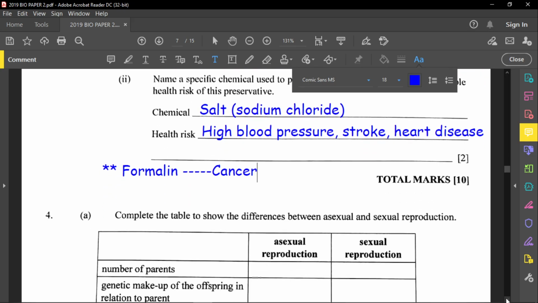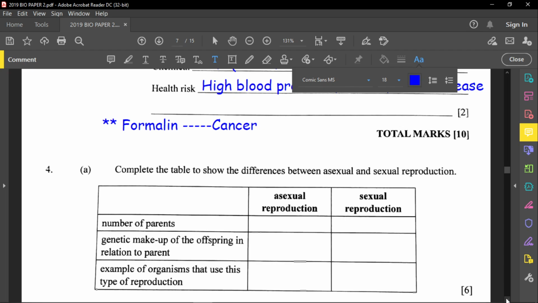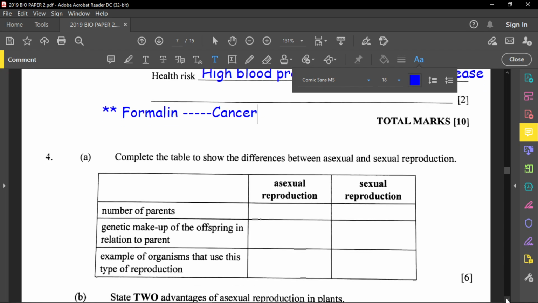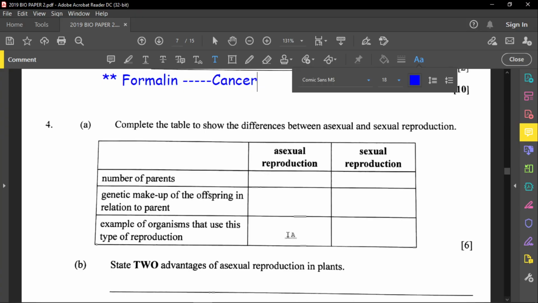All right, number 4 is a complete table to show the differences between asexual and sexual reproduction. All right, so they ask us to list the number of parents for each of these. And asexual is 1 parent, while sexual involves 2 parents.